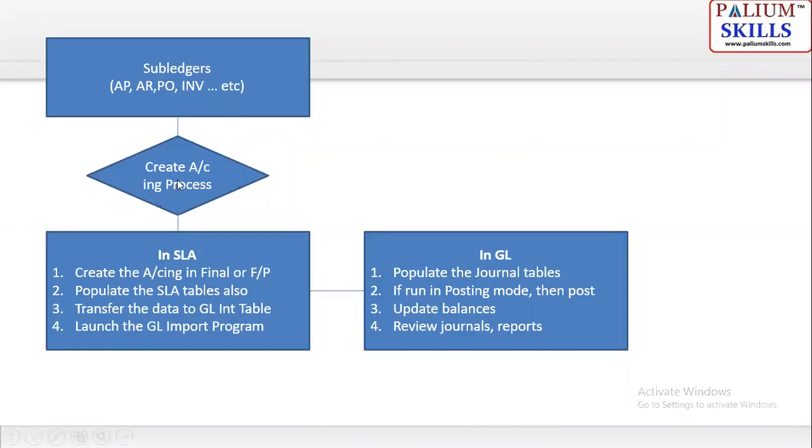Through that process, you can transfer the data from subledgers to the GL. The create accounting process will first transfer the data into subledger tables and then transfer the same to the GL.